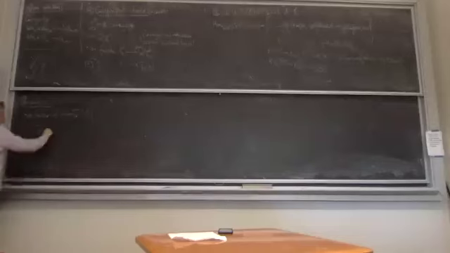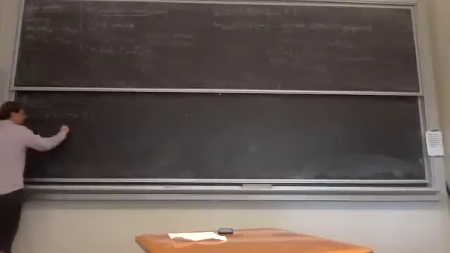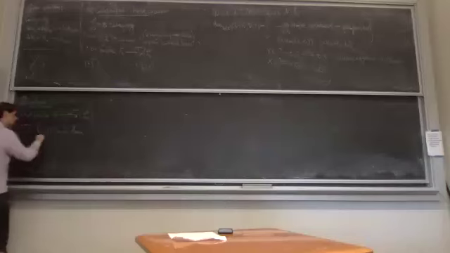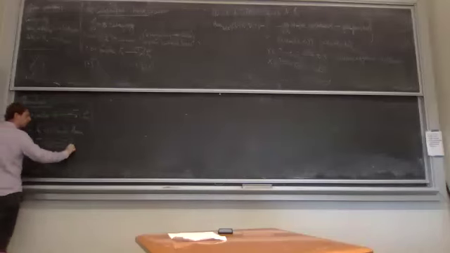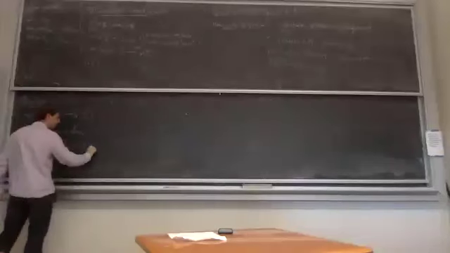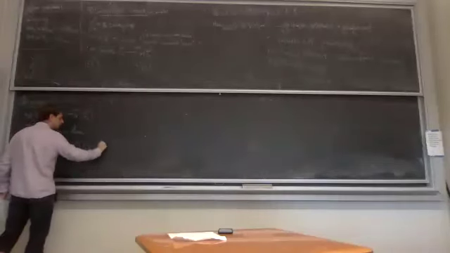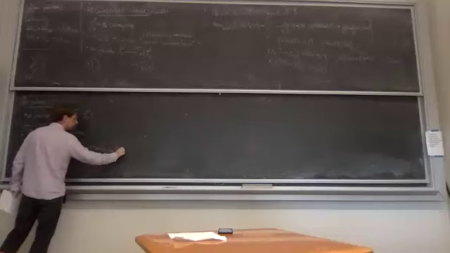So that's fine. And then the key property: if C has duals, then Tr of xy is isomorphic to Tr of yx, naturally in x and y.